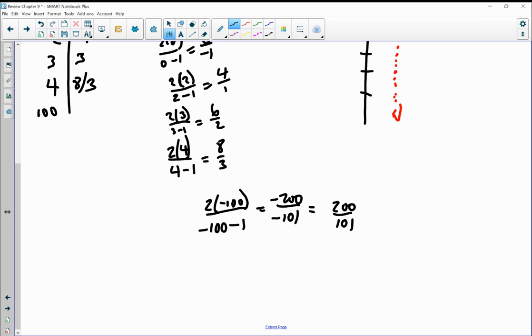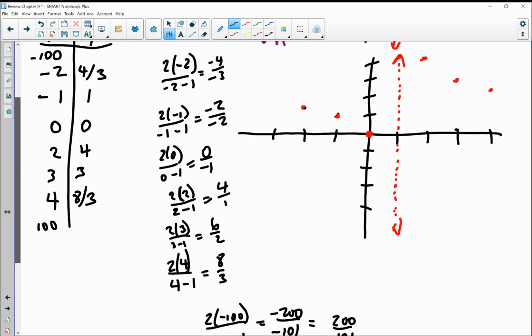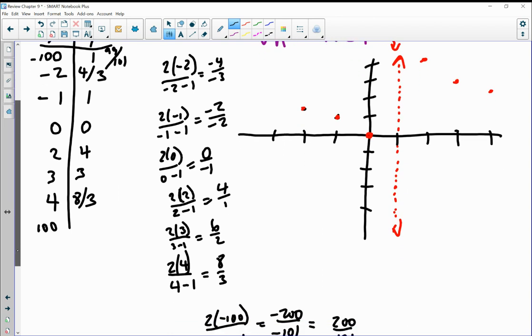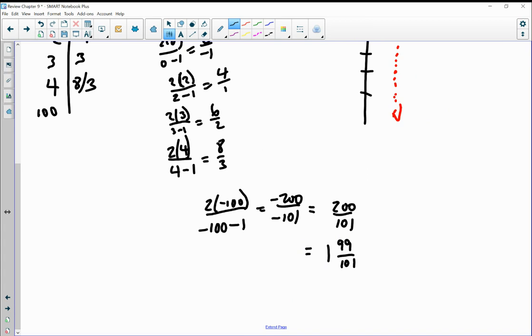So if we made that a mixed number, that would be 1 and 99 over 101. So something very close to 2, right? Okay, for 100, let's do the same thing.